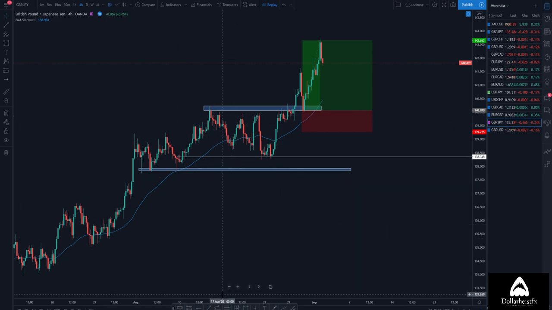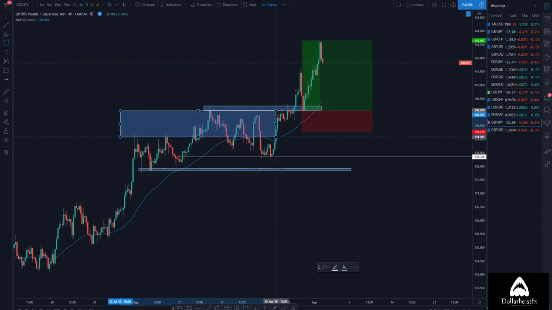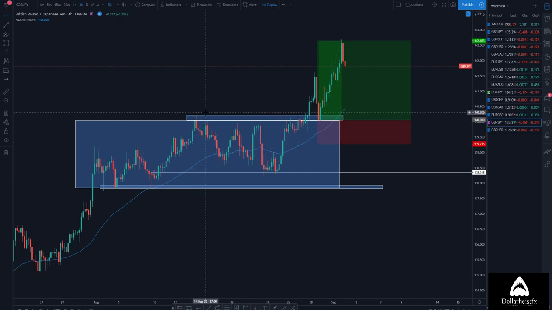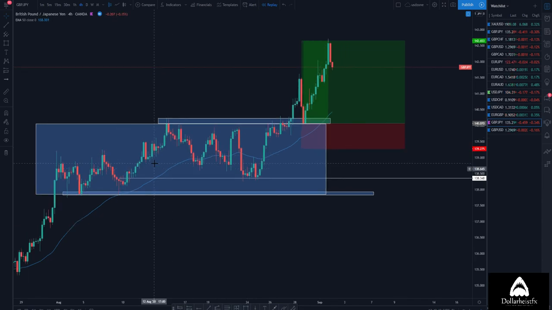Like I said before, when a sideways trend has happened, both currencies are at the same strength level, so it can spike, it can reverse, it can catch your stop losses. Basically, a lot of things can happen.